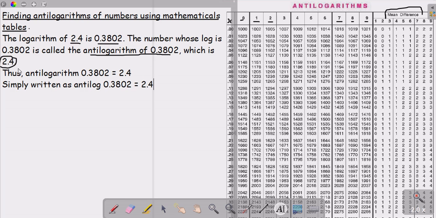Some people write it as antilog of 0.3802, and the answer is this.